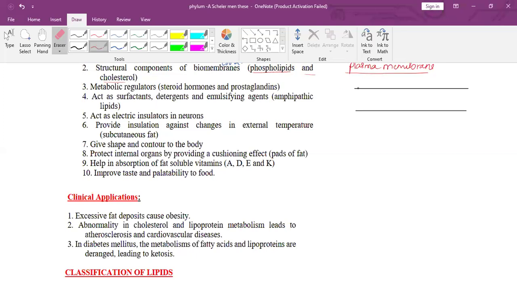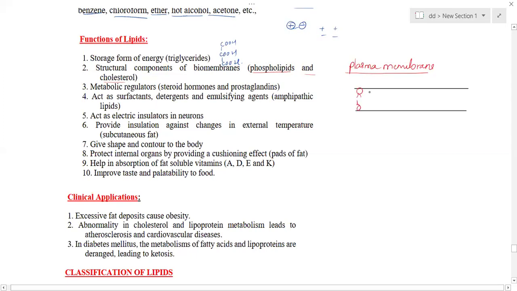Let me write the biomolecule here, phospholipid. We call this a phospholipid bilayer. So this is the phospholipid bilayer.